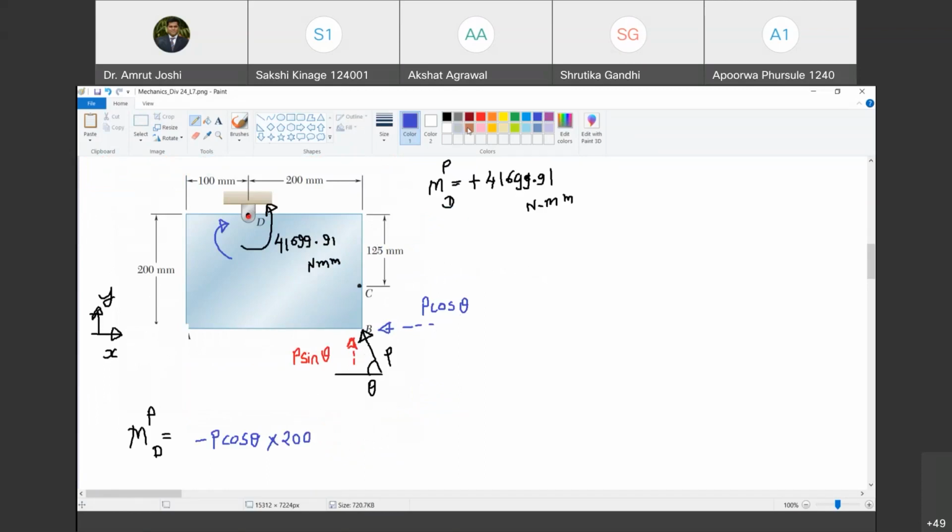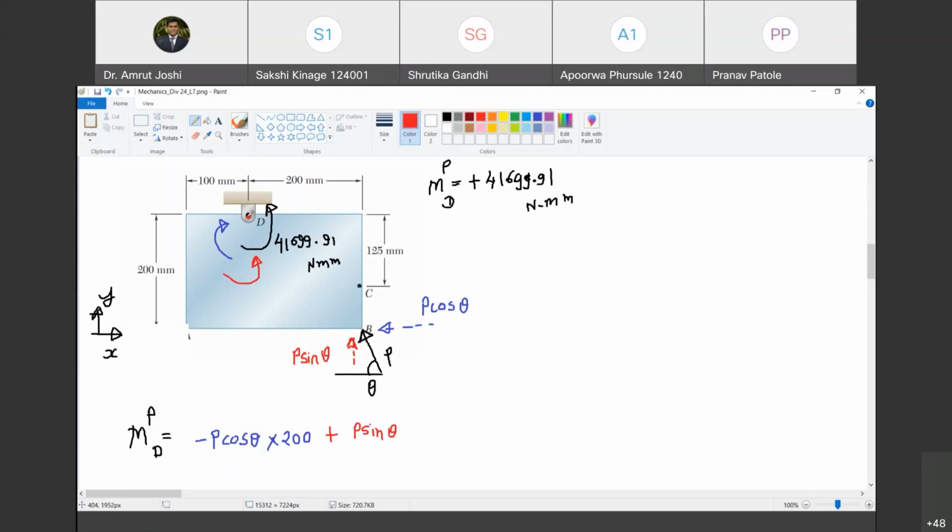What is the moment caused by P sin theta? Note the color code that I am following. For P sin theta I am using red color. It's anti-clockwise, sir. Positive. It is anti-clockwise. Happy? And that is going to be equal to plus P sin theta multiplied by which distance should I consider? I should consider 300.